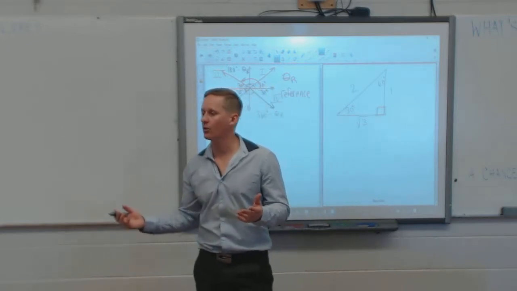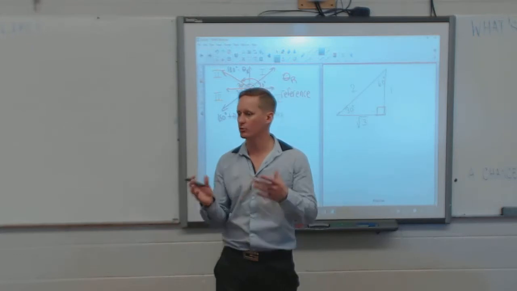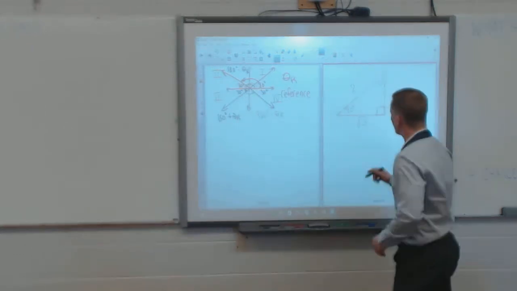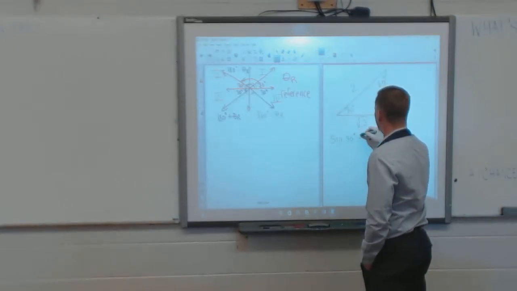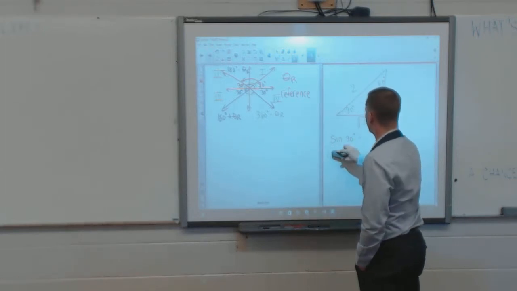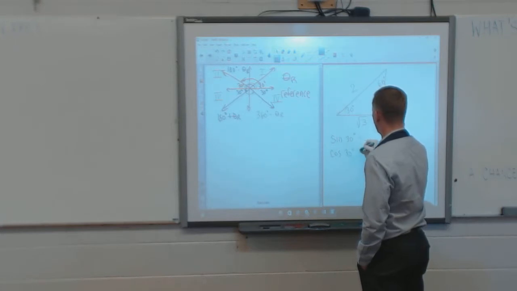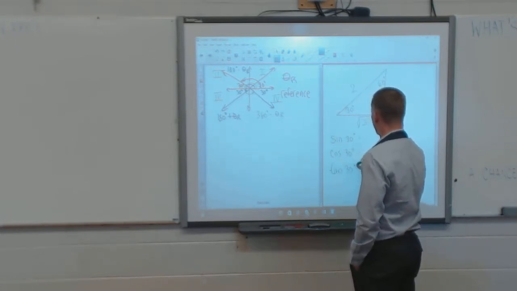Now, we've done radical work in grade 10, where we work with just square roots. We don't change them to decimals, we just leave them as is, right? So, the first thing I want you to do is go like this. Sine 30 degrees equals, cos of 30 degrees equals, tan of 30 degrees equals.